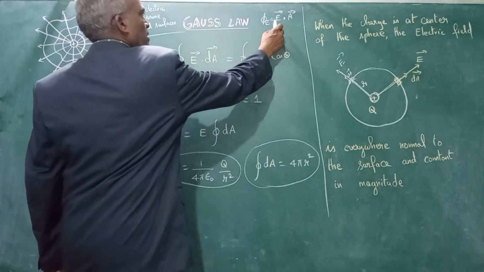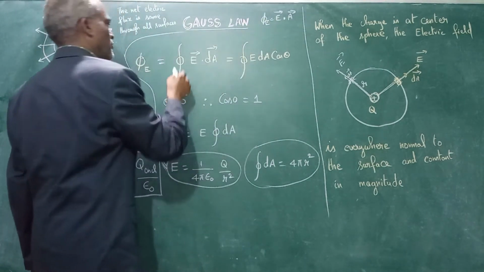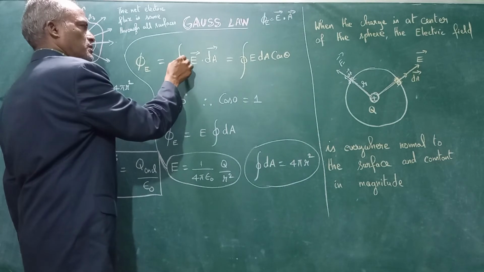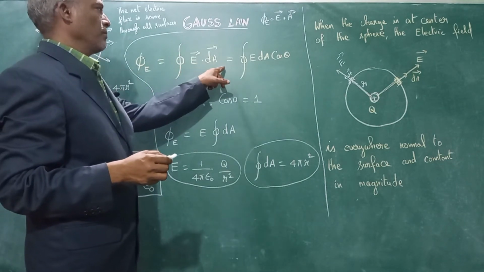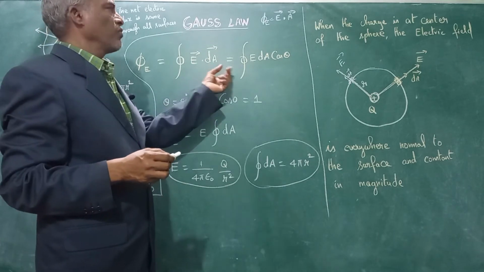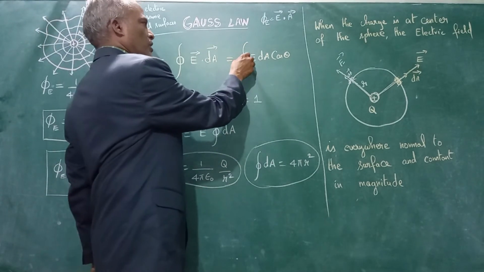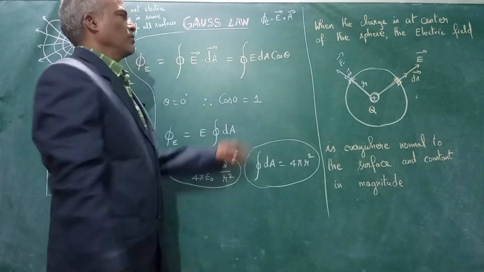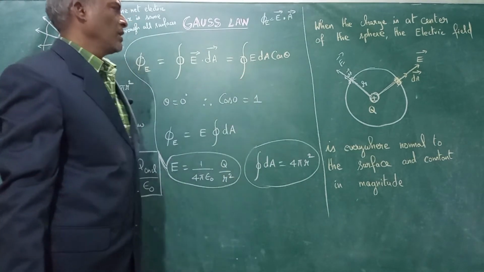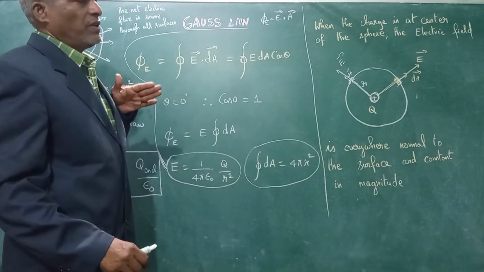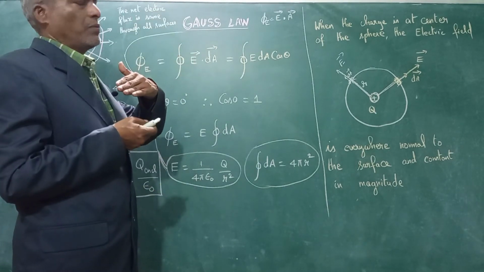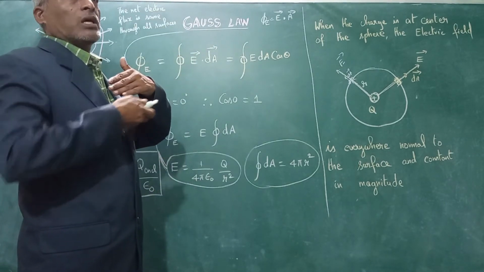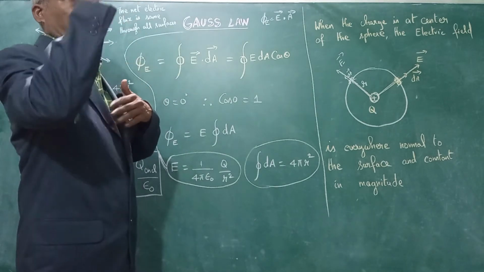So phi E is equal to E vector dot A vector. For the closed surface, this is E vector dot dA vector. This is a dot product. Therefore, the integral over the closed surface, here the sphere, is E dA cos theta. Now the electric field lines and the area vector are perpendicular to the surface, both in the same direction.